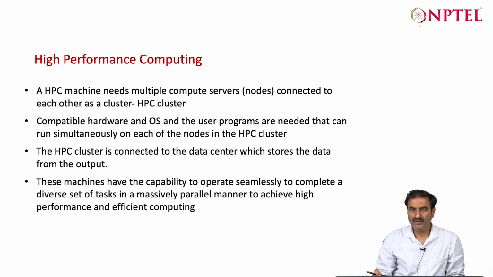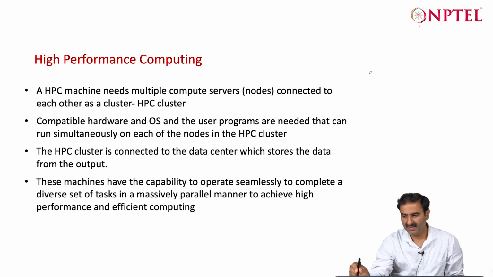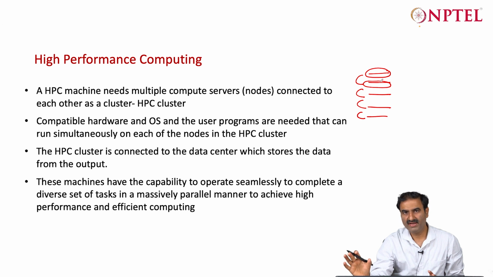So in HPC, there are multiple nodes which are connected to each other. All of these nodes are a separate unit containing the required amount of CPU and RAM and a little bit of hard disk.